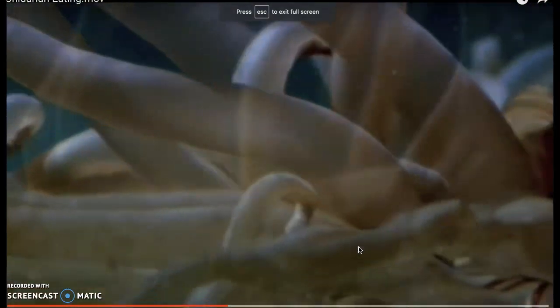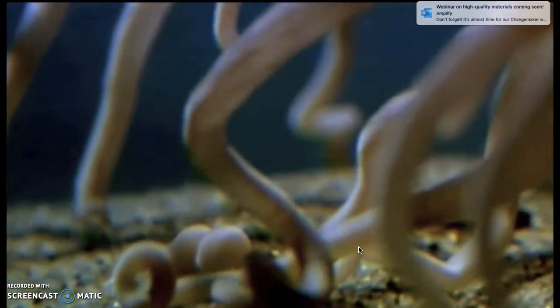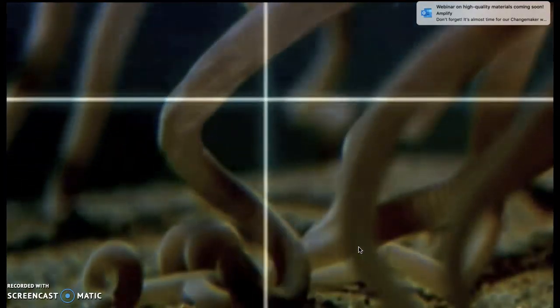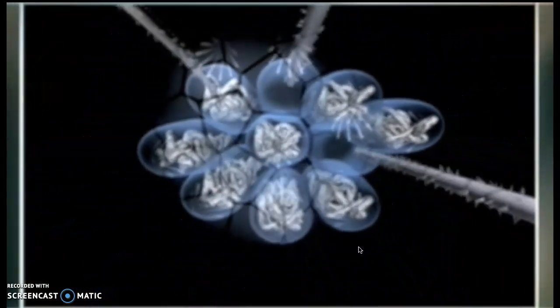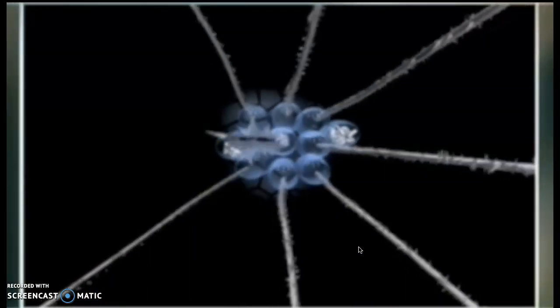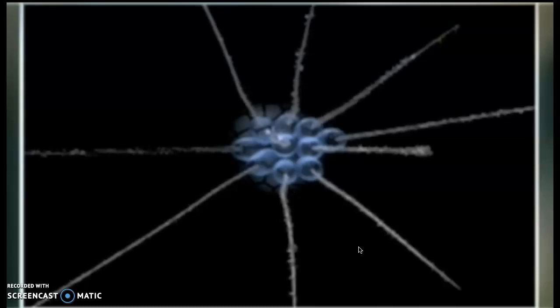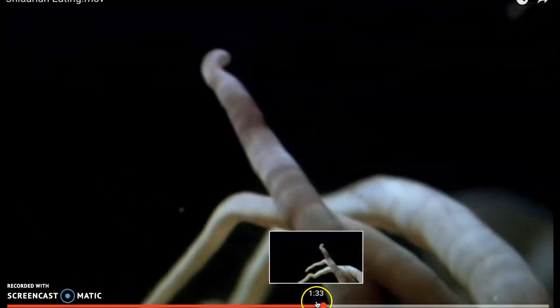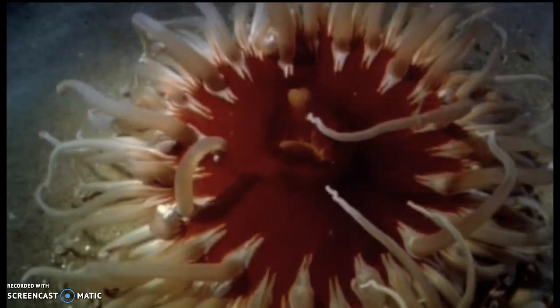Lining its tentacles are millions of special capsules called nematocysts. Inside the capsules lie thread-like projectiles loaded with deadly poisons. When unleashed, these weapons fire with the acceleration of a rifle bullet. They pierce their target and pump it full of paralyzing toxins. The tentacles must be touched before the weapons can discharge, and for that, the prey must come to the anemone. Its plant-like appearance perfectly conceals its very deadly intent.